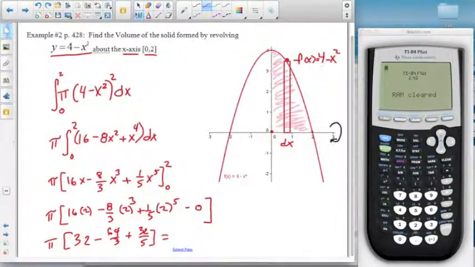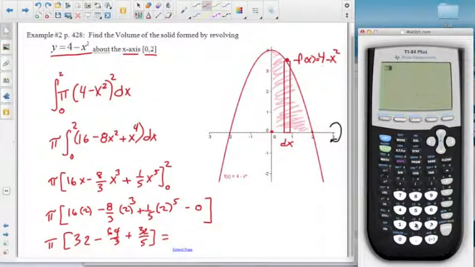Take our calculator and we type in 32 minus 64 divided by 3 plus 32 divided by 5. There's the answer.